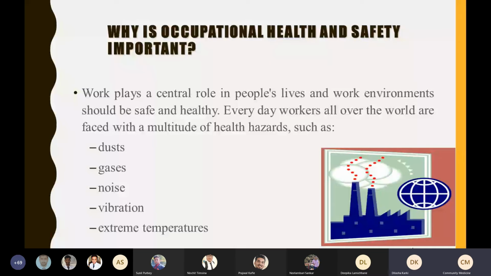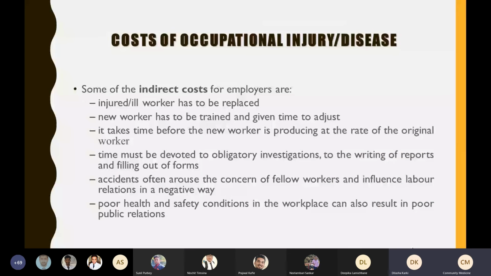See here, an injured or ill worker has to be replaced, and a new worker has to be trained and given time to adjust. What will happen is the main boss of that occupation needs to replace the worker who got ill, isn't it? They have to bring another worker to the job.